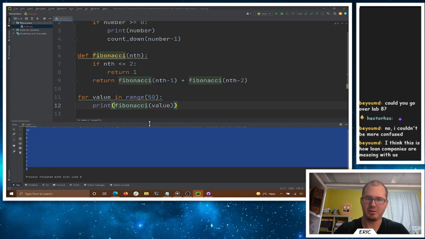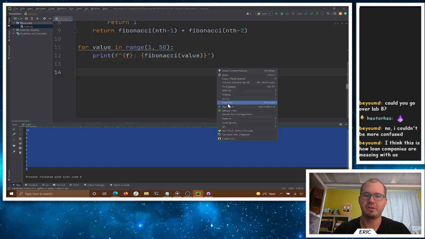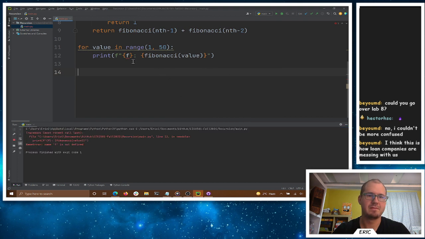And maybe how about we print a formatted string, so it'll tell me which number and what the value is. And actually, let's start at 1, because 0, I'm going to pretend 0 doesn't count. Okay, so let's give this a try. Let's see what we get. Oops, we want value. There we go.